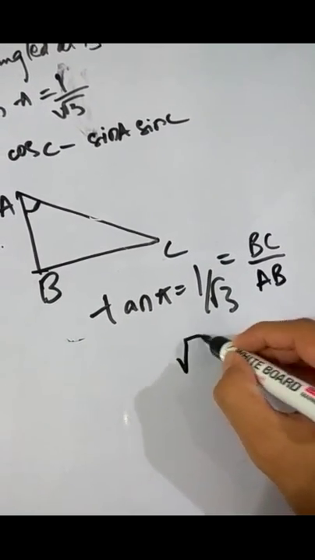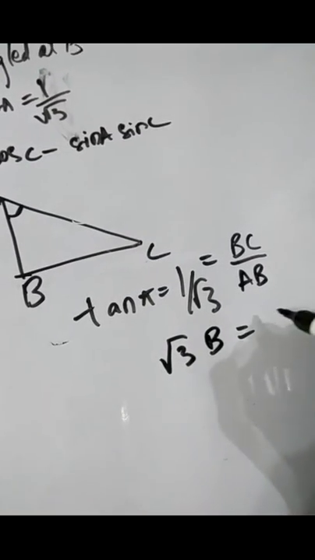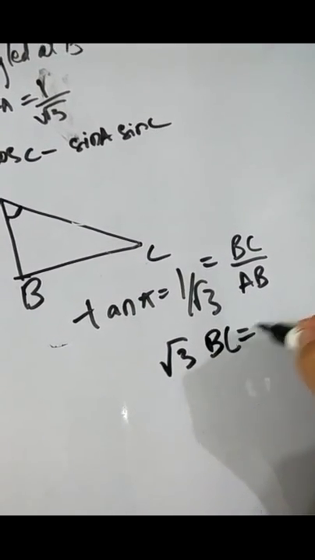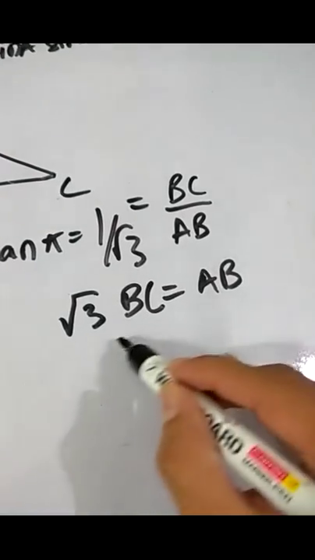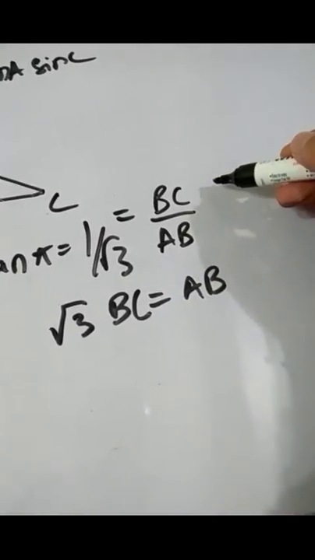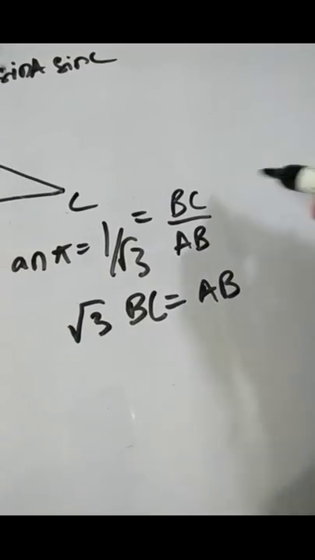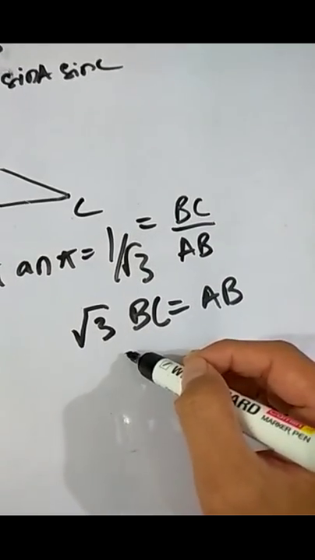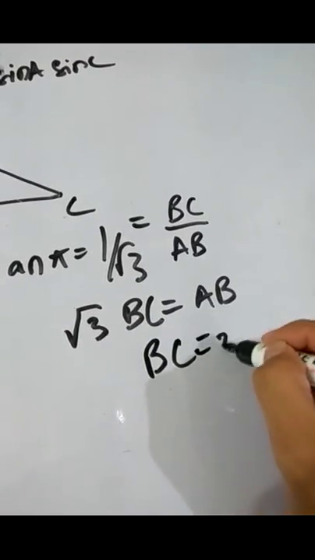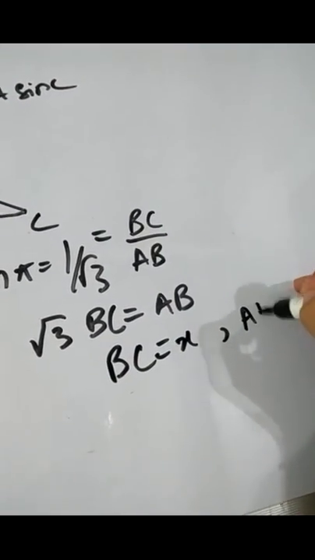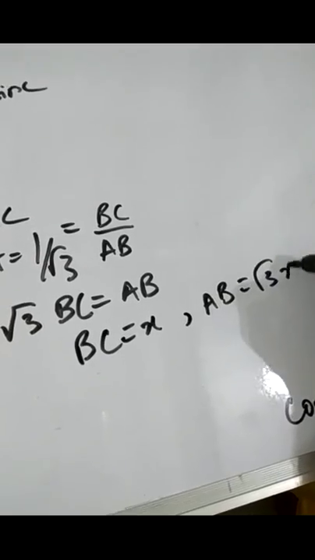So root 3 BC equals AB. These two can be equal, or we could have done it from here. It would have been simpler from here. But now that we have written this step, these two can be equal only when BC equals x and AB equals root 3x.